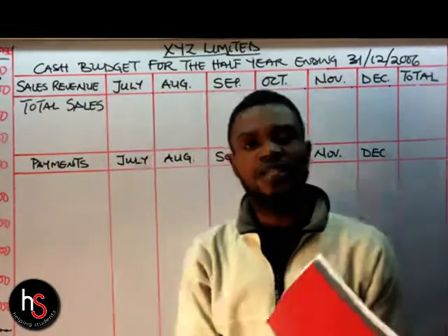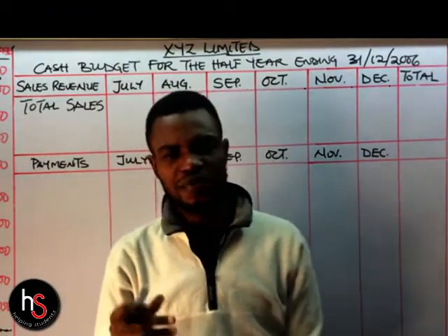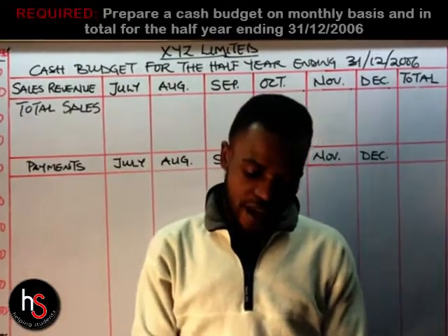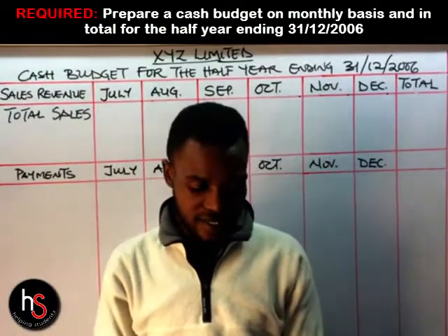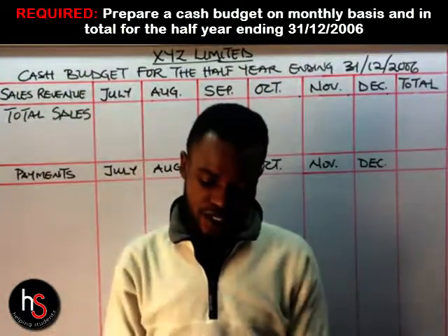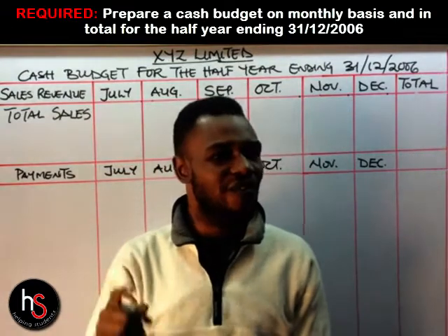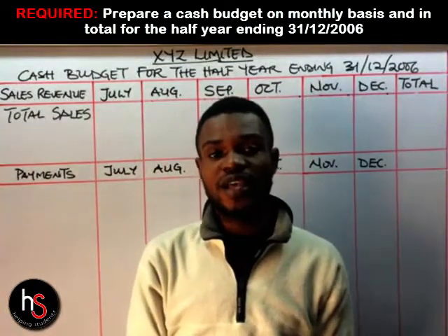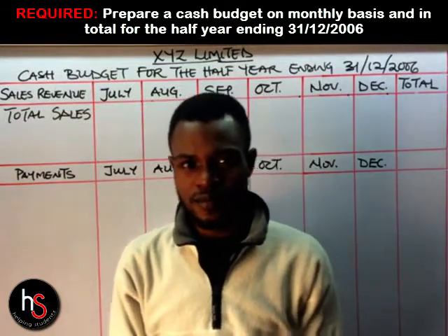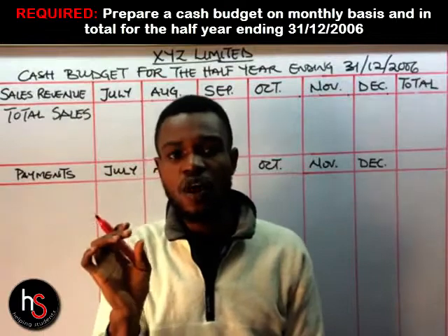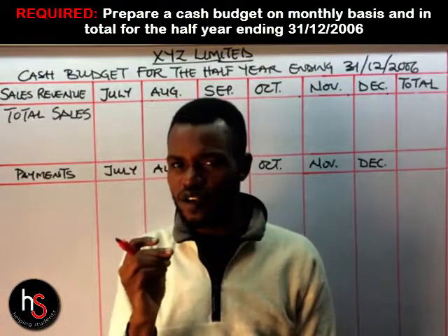But before I proceed, there is something we call the month of significance. Remember, on the question, when you read back, it says under the requirement, prepare the cash budget on monthly basis and in total for the half year ending 31st December 2006. So that half year ending is our month of significance. You need to take note of that.